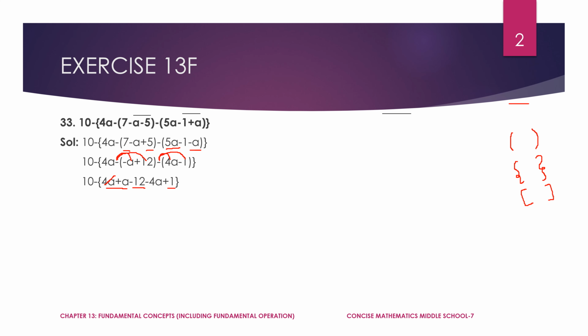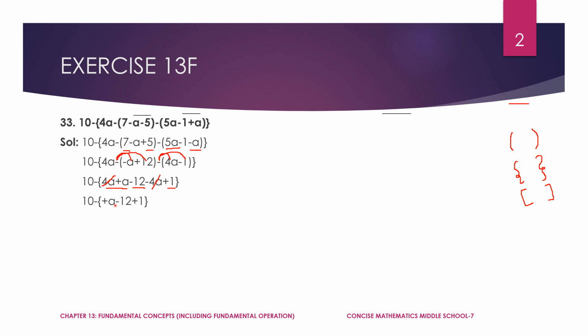So here you can just cancel this 4a and 4a because it is a like term with different sign. This like term is having plus sign and here it is having minus sign, and both are 4a, both are same, right? So just put the bigger number's sign and subtract it. When you subtract it, it becomes 0. That's why I have just simply cancelled it and made it 0, right?